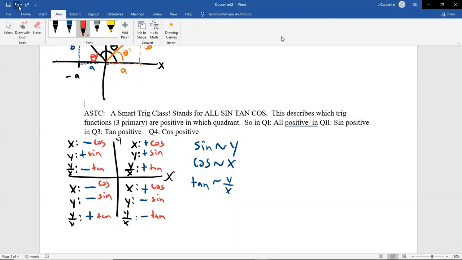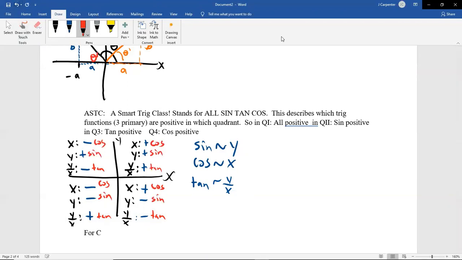But Mr. Beckner, what about the other 3 trig functions? What about secant, cosecant, and cotangent? How do I know whether they're plus or minuses? Because reciprocal relationships share the same plus or minus. So if the sine is positive, that means the cosecant is positive. If the cotangent's negative, that means the tangent's negative. They go hand in hand.